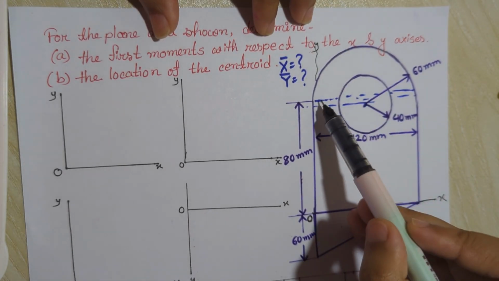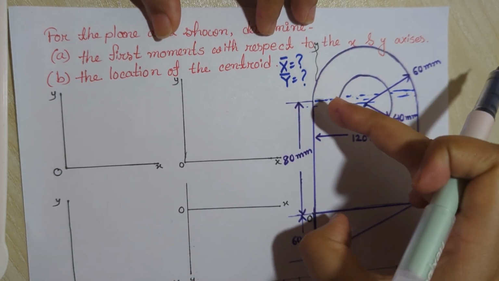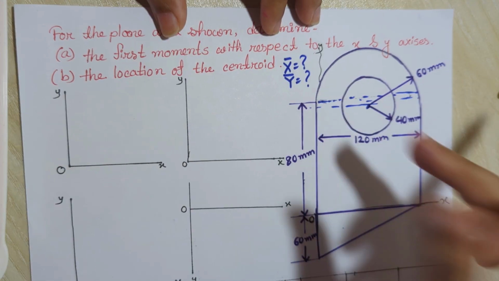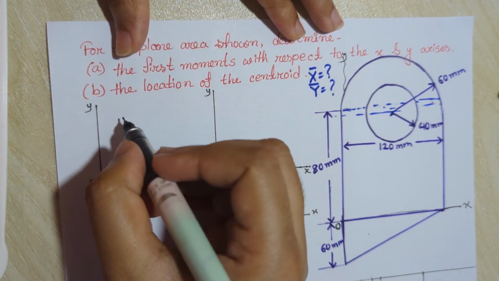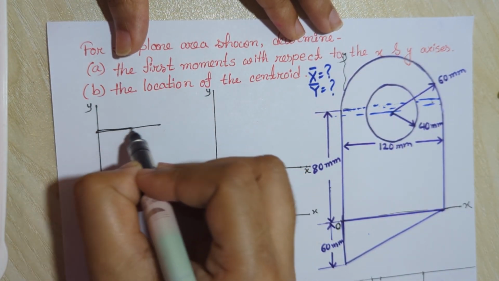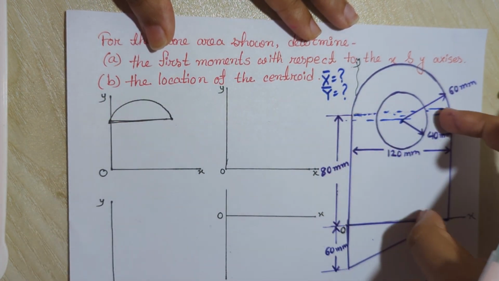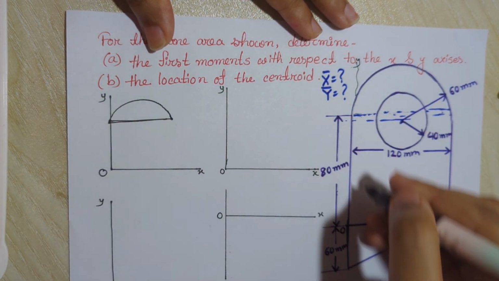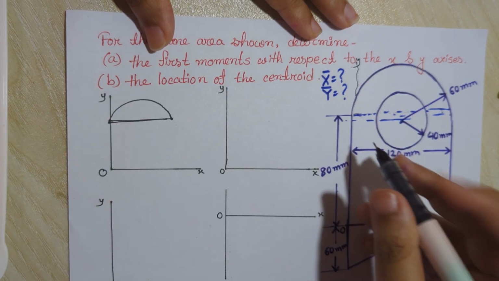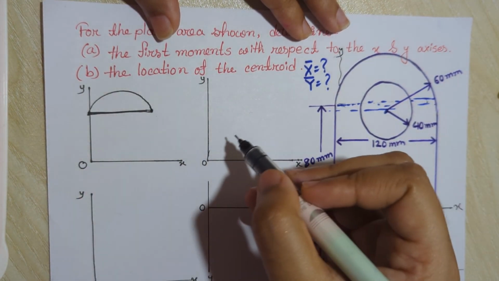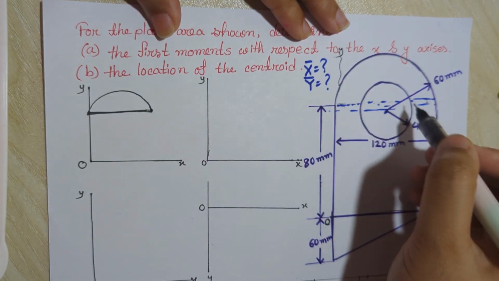If we draw this semicircle, then we have to draw it by giving a gap of this 80 millimeter. So we have to draw this like this. Means this is our 80 millimeter, and after the distance of 80 millimeter towards the y-axis, we will find our semicircle, and this is our full circle.